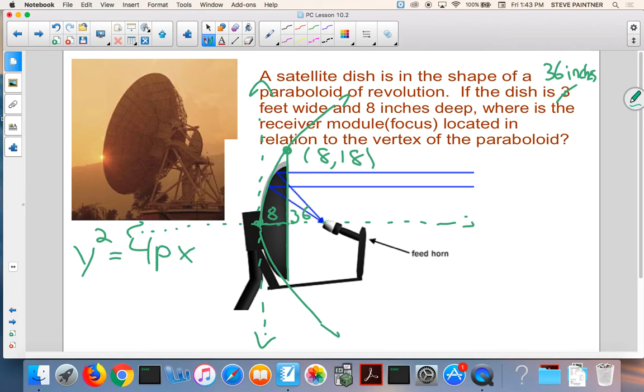We want to find the focus, which means finding which value. Okay, how do I find p? Plug in 8 and 18. We know 8, 18, 8 inches over, 18 inches up. We know that's on our parabola. Plug that into our equation.